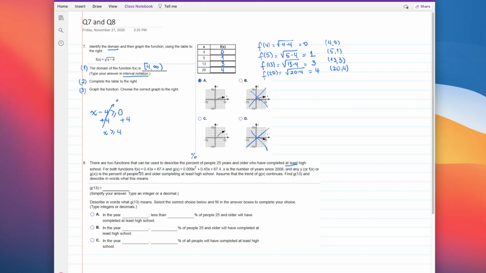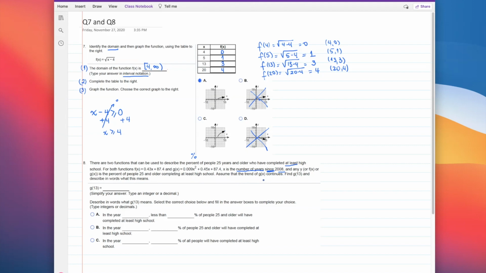One is called f(x), that is a linear function. The other is g(x), that is a quadratic function, because degree 2 and here is degree 1. So this is linear and this is quadratic. And it says that the input, the x of those 2 functions, is the number of years since 2008. And the y of f(x) or g(x) is this percent of people 25 years old completing at least high school.